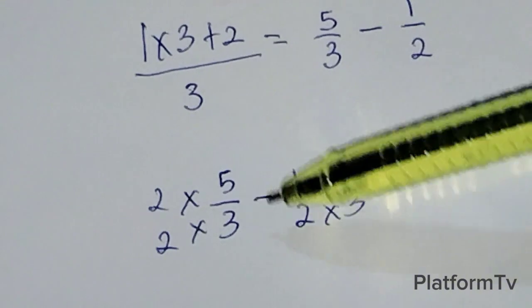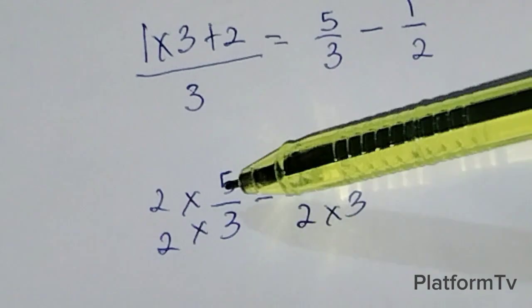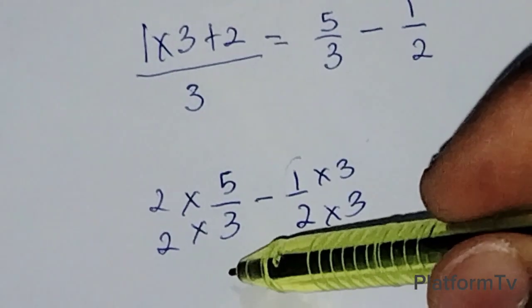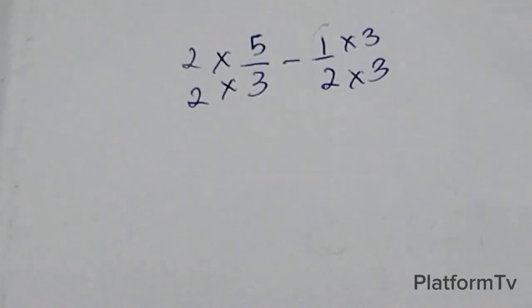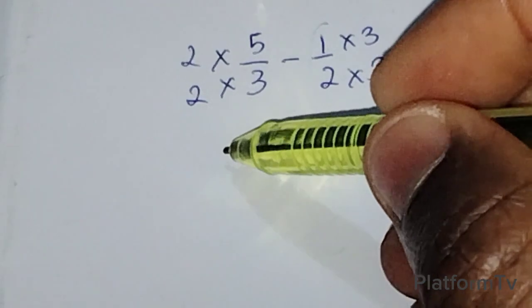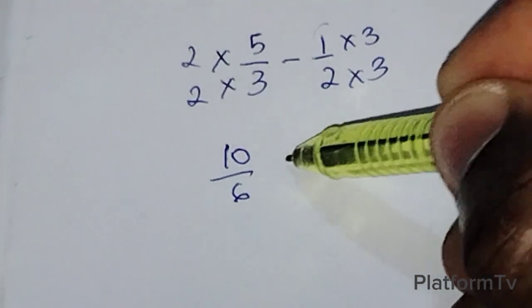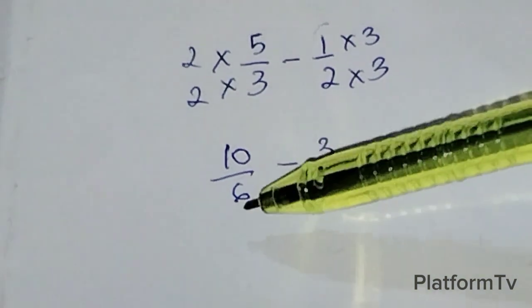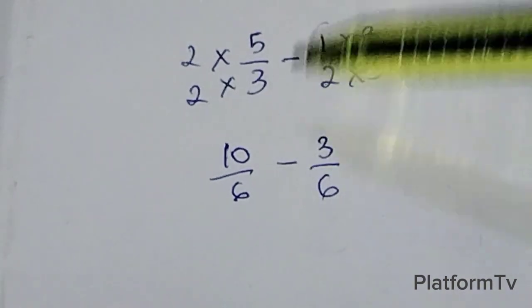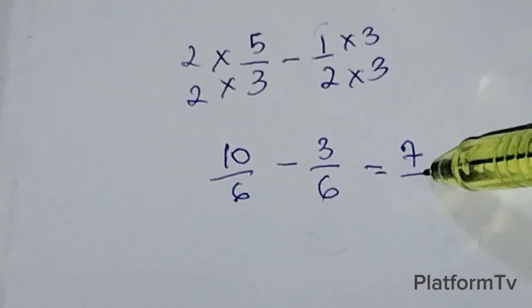So we have this multiplying everything on this side and this multiplying everything on the left hand side. So 2 times 5 gives me what? It becomes 10 over 6 minus 3 over 6. Now they have the same denominators, right? So I can now say 10 minus 3, 7 over 6.